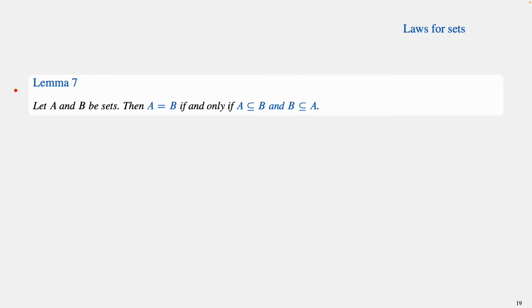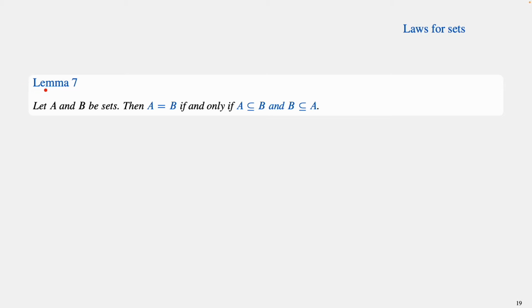Now, we're going to study some laws for sets, and first I prove this little lemma here. And by a lemma I mean an auxiliary theorem that is often used in proofs of other theorems, but is not always such an interesting statement in its own right. So some people call a lemma a trick I used twice.